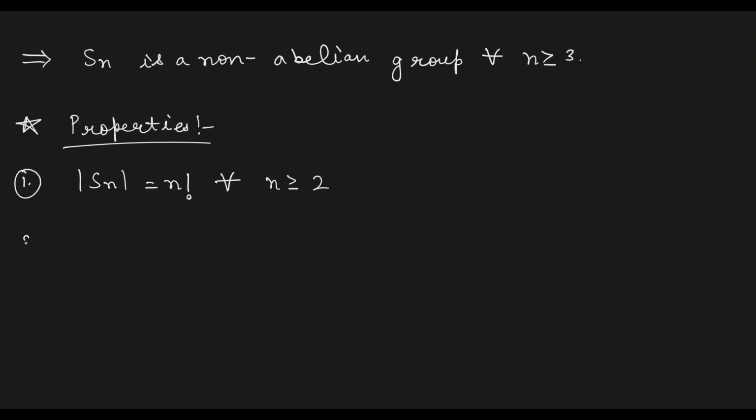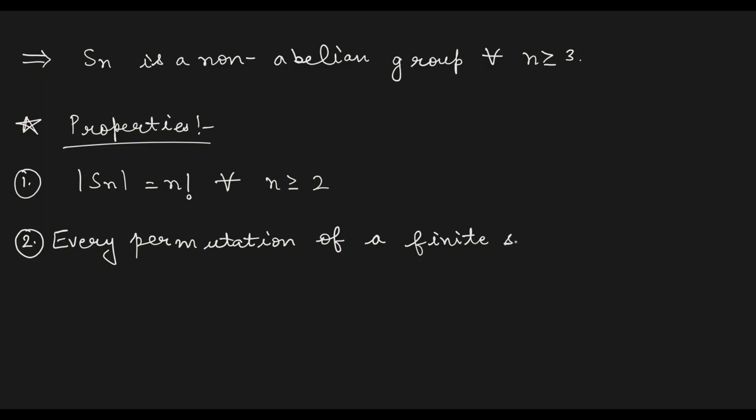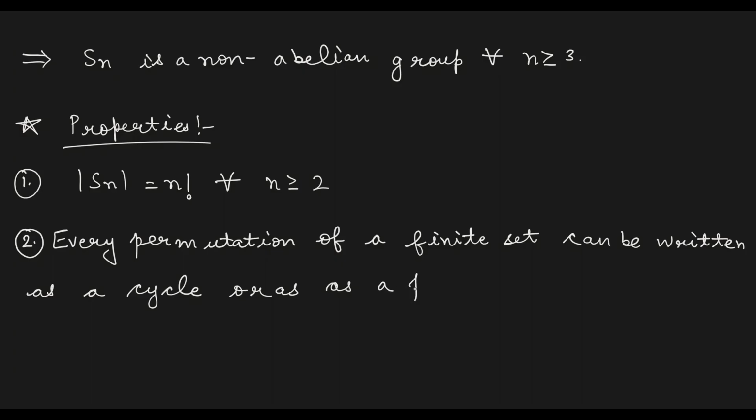Second, every permutation of a finite set can be written as a cycle or as a product of disjoint cycles.